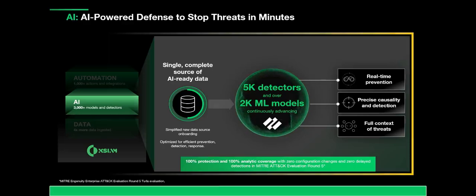One of the features is the event stitching that I was talking about. We have multiple detector layers, over 5,000 detectors, and it makes use of more than 2,000 machine learning models. The idea here is to prevent the attacks in real time, to have precise causality and detection, and the full context of the threats.